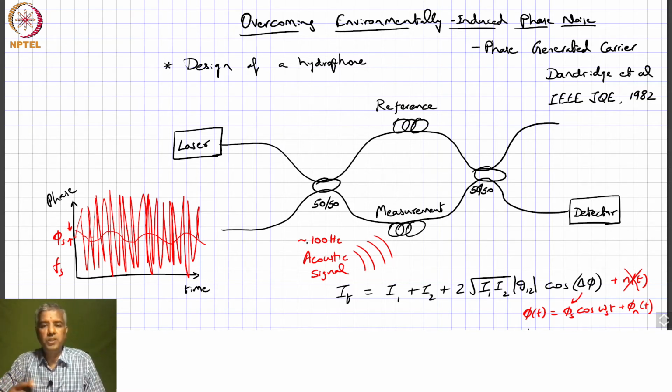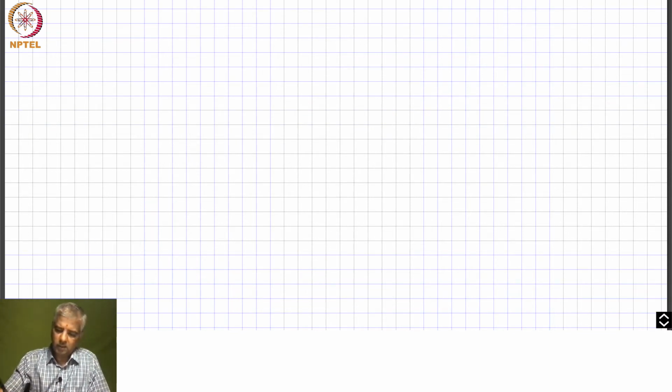So, how do you shift this frequency, okay. Let us examine this in a mathematical manner, which is what Dandridge et al. had done, and then we will come back to how to implement that in the actual system, okay. So, let us go to a fresh page and see how to handle this, okay.